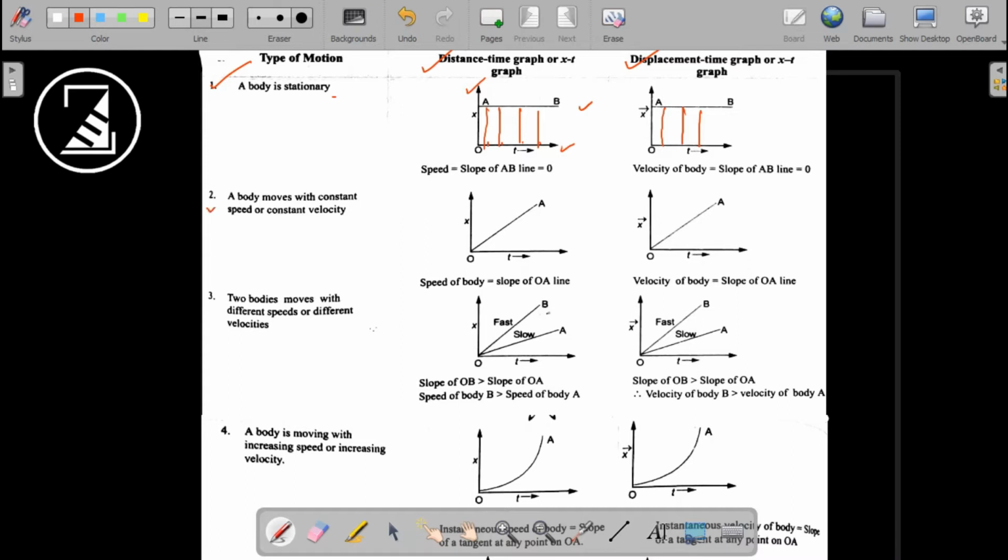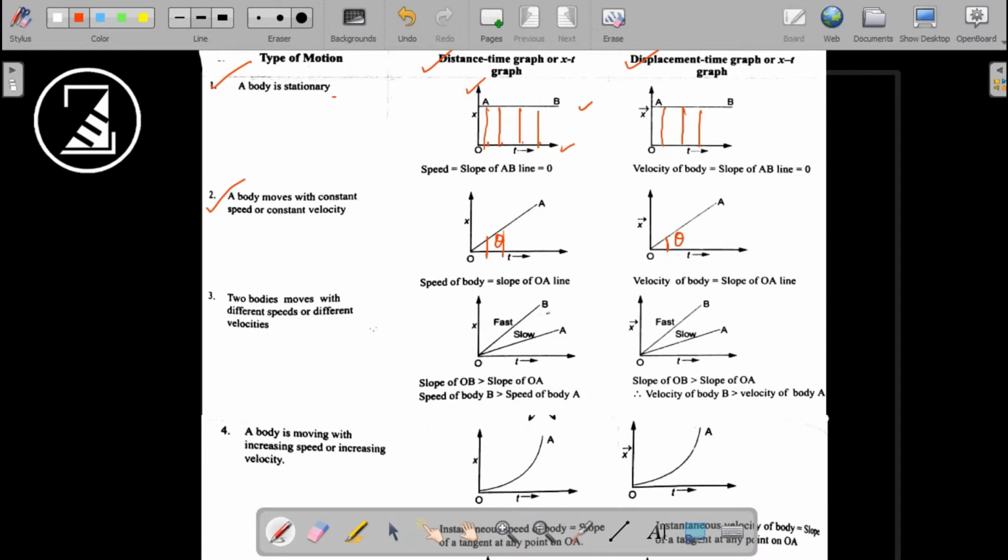Number two, a body moves with constant speed or constant velocity. That means in every interval of time, the body is covering equal distance or equal displacement. So we are getting a straight line passing through the origin. Here the slope of this line, say it is theta, will give us the speed or velocity of the object.